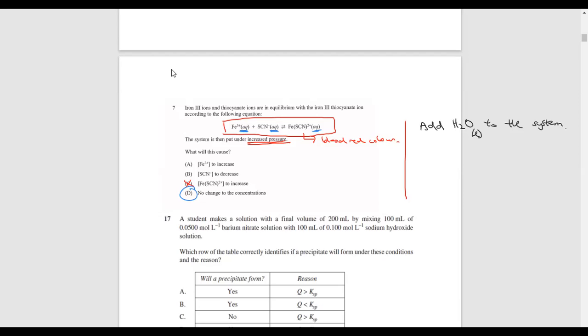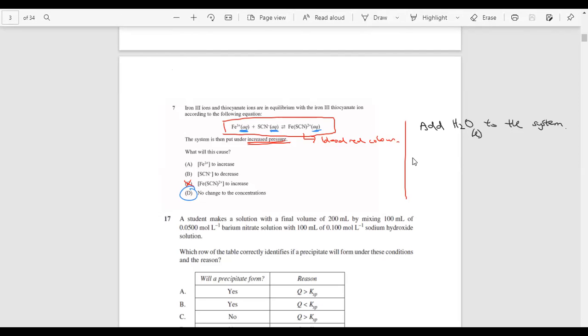So, we have suggestions that it will shift right or that it won't change. The thinking behind it not changing is probably related to what we said earlier, that water is a liquid, and liquids generally don't change concentrations and thus don't change the equilibrium.